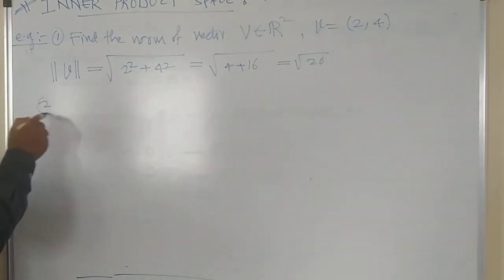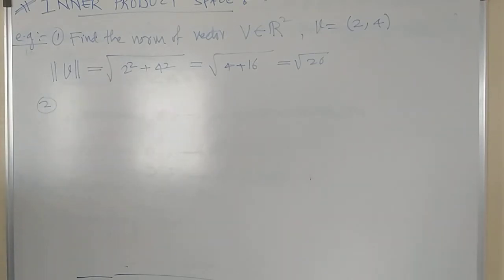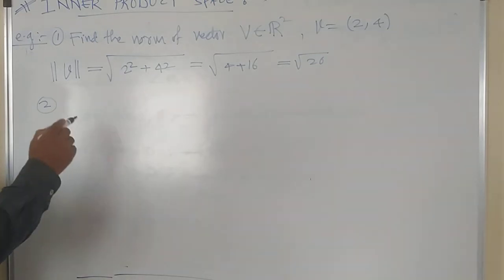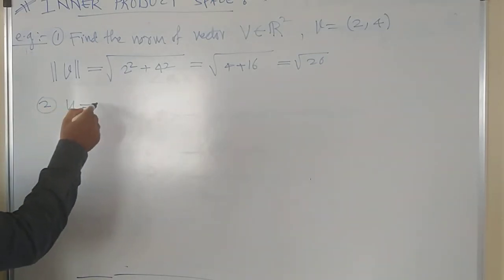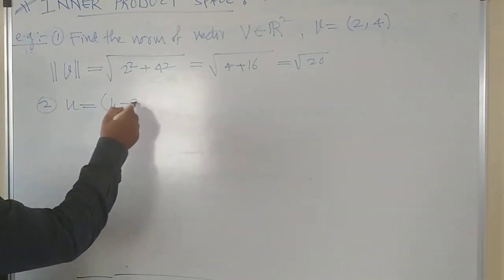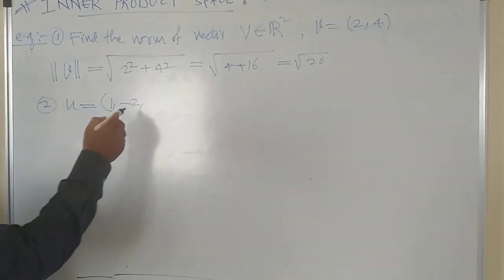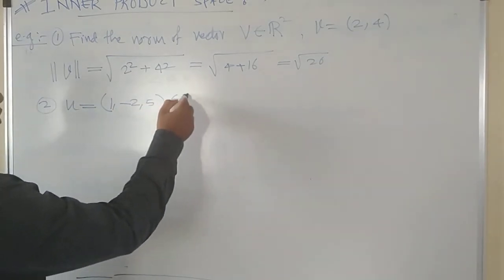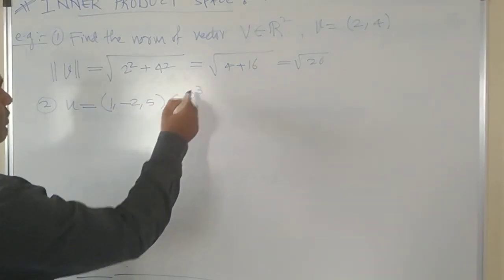Next example: find the norm of the vector u equal to (1, -2, 5), which belongs to R cube.